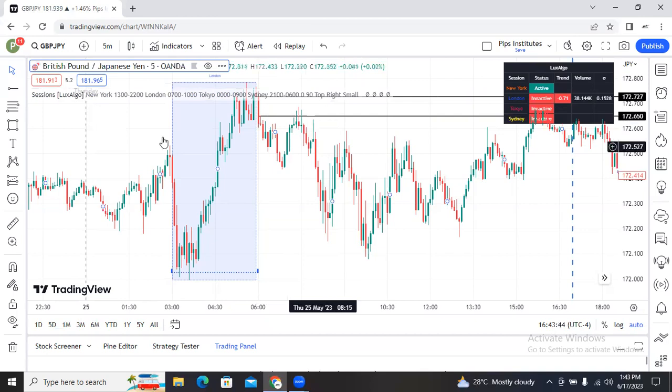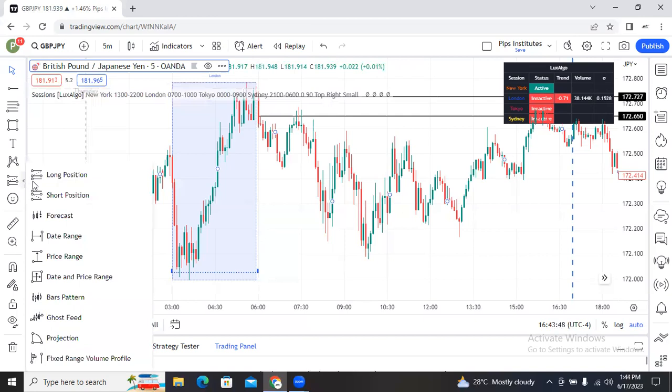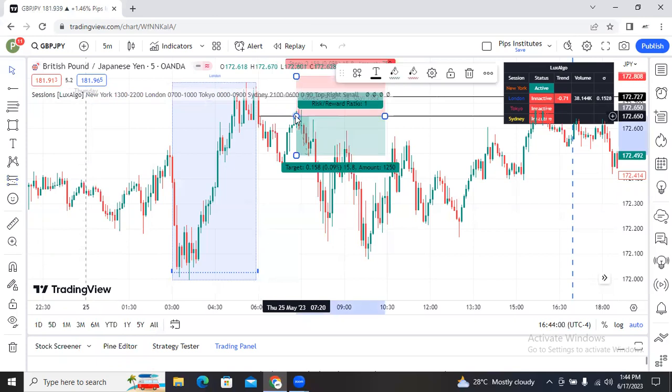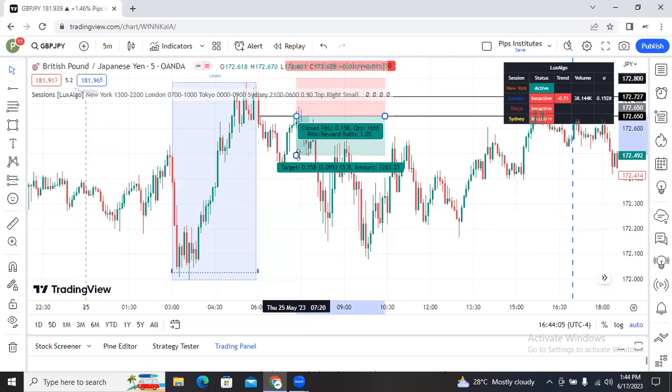Let's place our sell stop right here. The stop loss will be above the high of the day, and then I'll set the take profit. This is one, because this is where liquidity is.